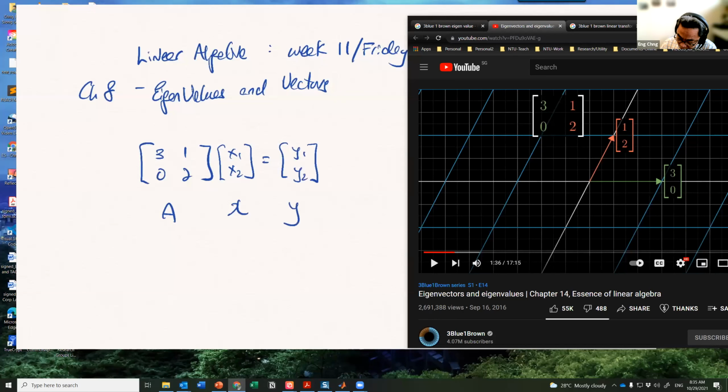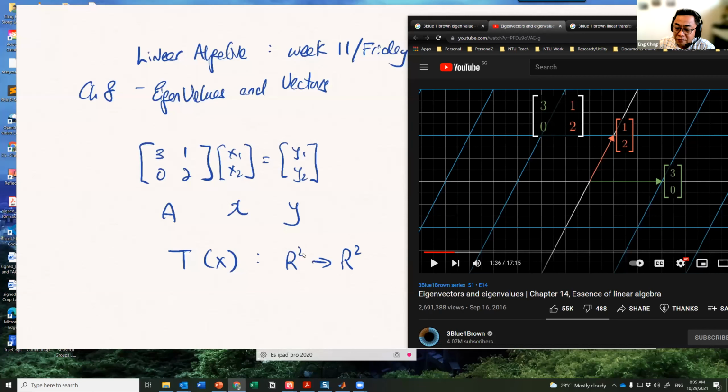So you can think of this as a transformation of x from R2 to R2. We are taking x as an element of R2 space, and moving it into another R2 as well. So x is the input of the transformation, which is represented by the matrix A. So those are the gory details.